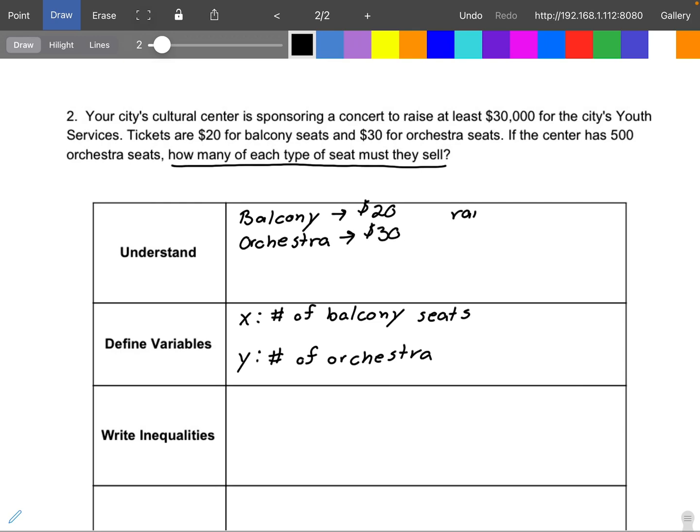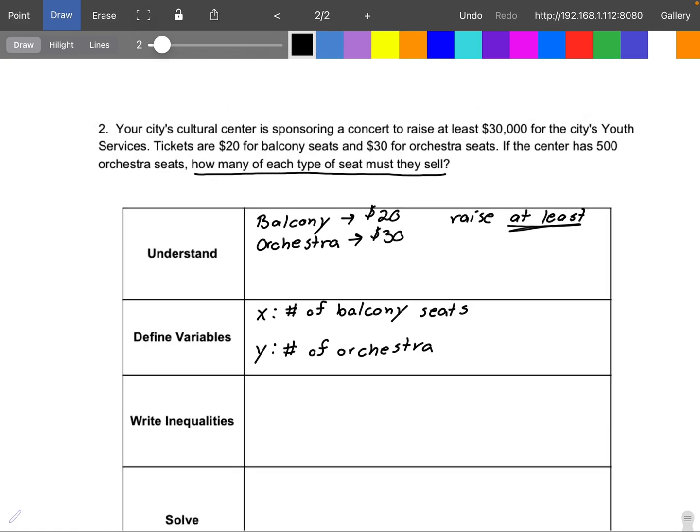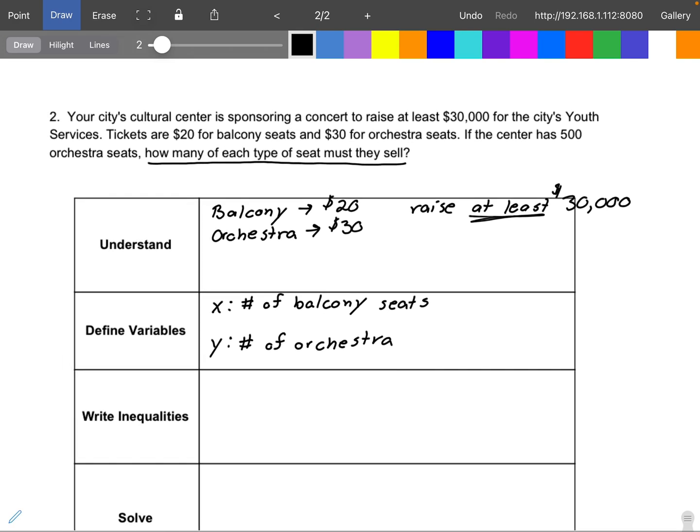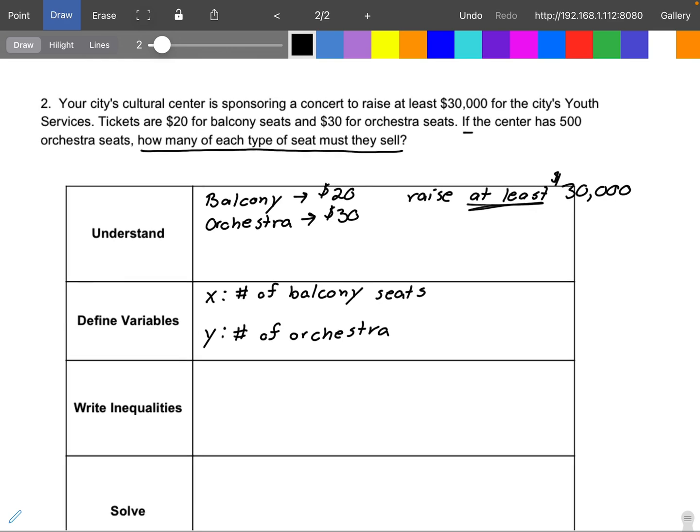We need to raise at least, that's important, at least $30,000. Okay, and then the other thing we see is that it says the center has 500 orchestra seats.